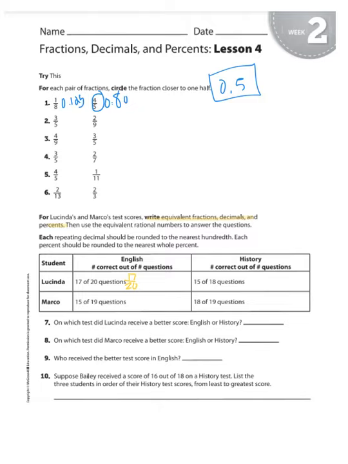There's my fraction. 17 divided by 20 is 0.85. There's my decimal. 85% would be my percent. So you have to have all three. So you're going to have a fraction, a decimal, and a percent.